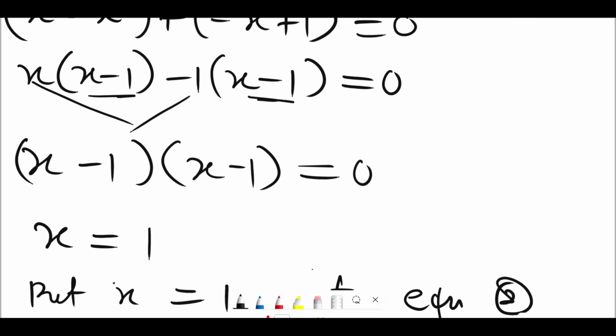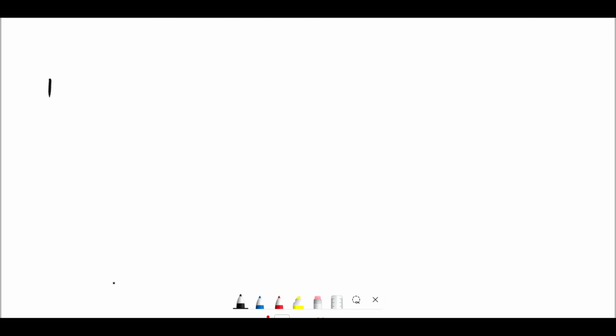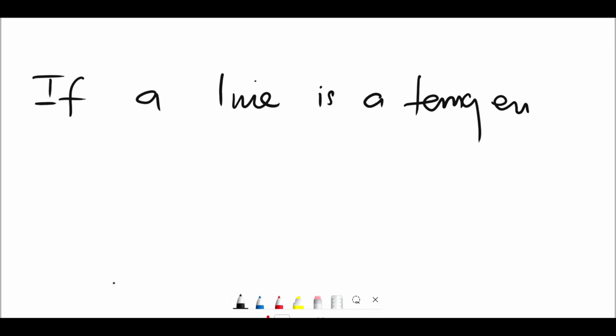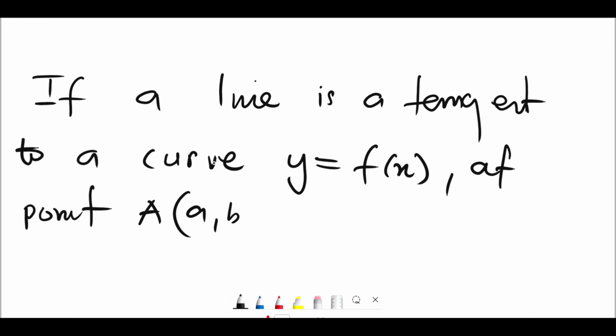So let us conclude here. If a line is a tangent to a curve, let's say y is equal to f of x, at point A with coordinate (A, B).